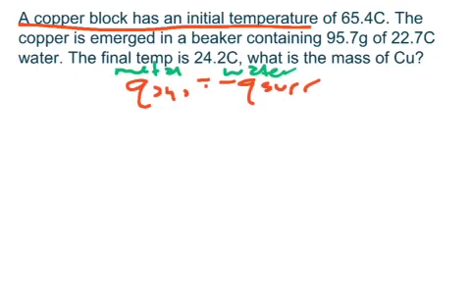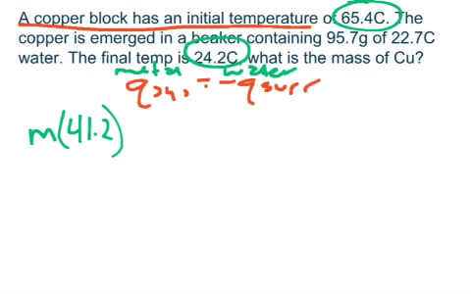So we do not know the mass of the copper, but we do know that it changes from 65.4 to 24.2. So that is a change in temperature of 41.2. We know it's copper, so the specific heat is 0.385.